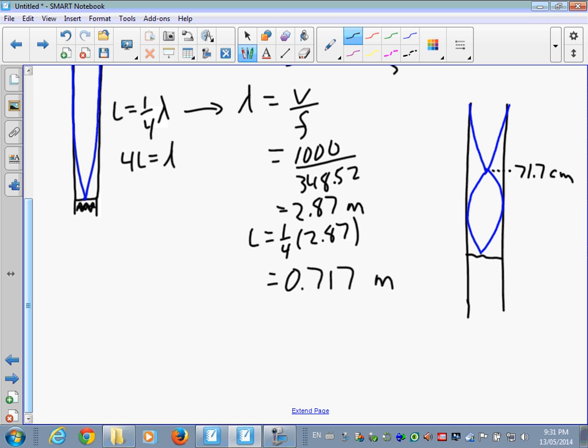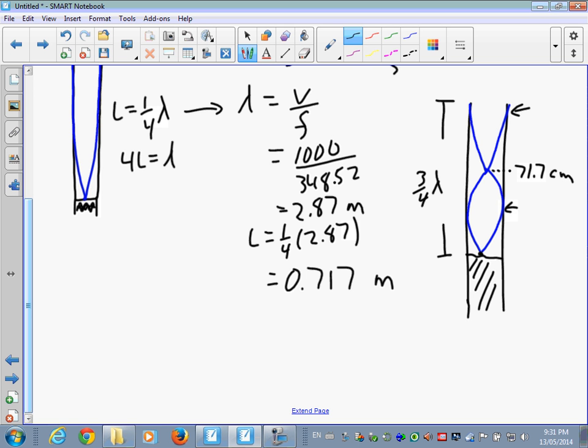When the water's down to here, it will also produce a loud sound, where you have your node down at the bottom and an antinode over here, but you also get an antinode over there. At what length would that happen? Well, we can see that from there down to here is 3/4 of a wavelength.